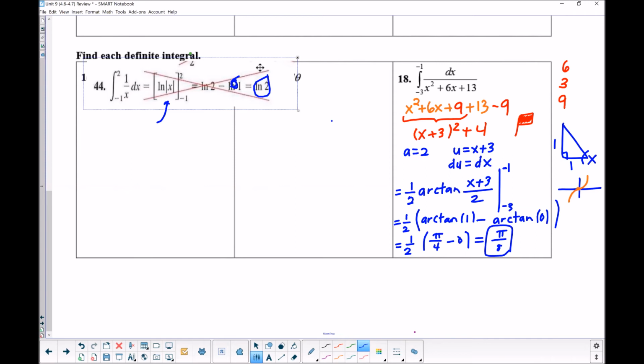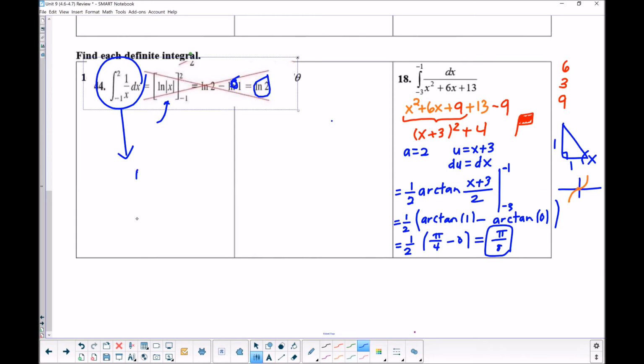But the issue initially, you guys, is right here. What do you notice about the domain of 1 over x? Is there a number for x that will cause this to have issues? And I know you all see it. It's 0. And 0 is between these two numbers.